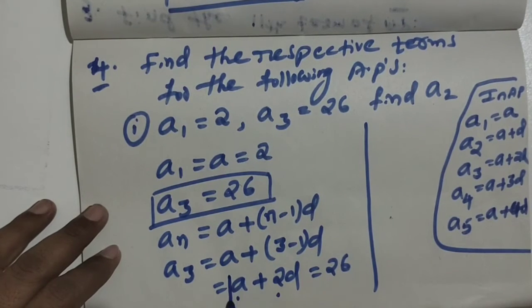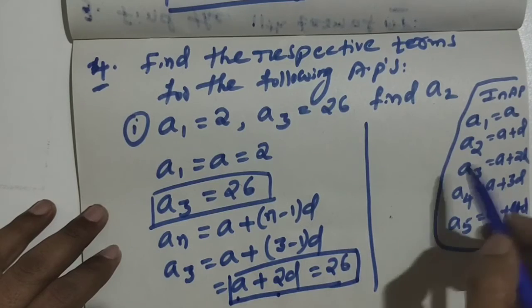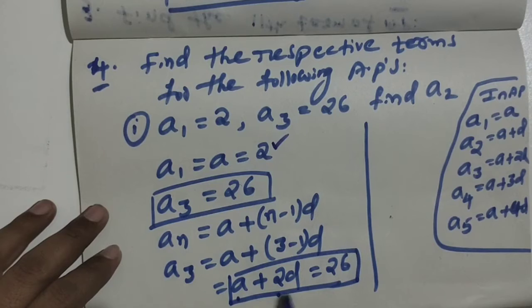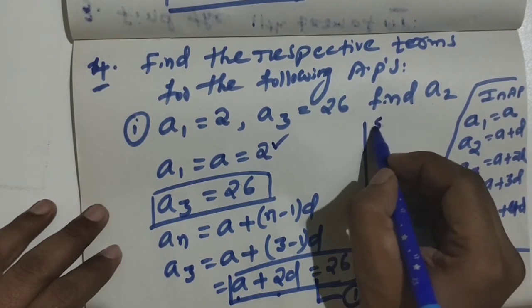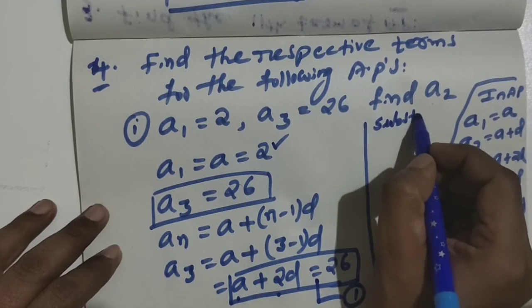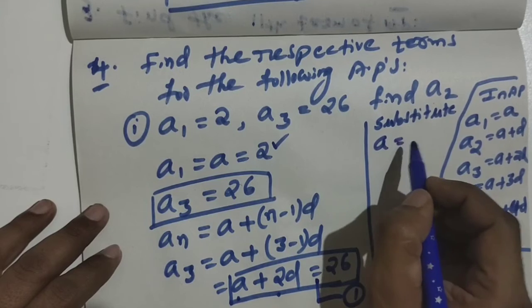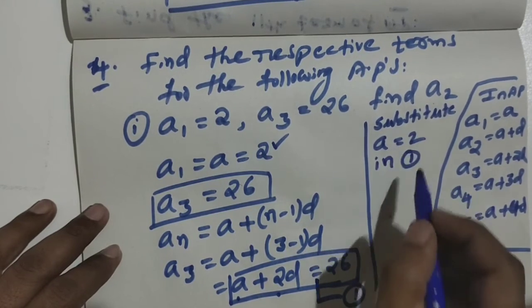To get A2 we need A and D. We already have the A value, so to get the D value, let this be equation 1, and substitute A is equal to 2 in equation 1.